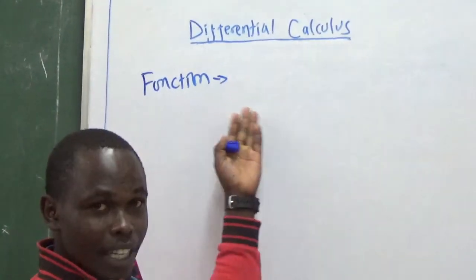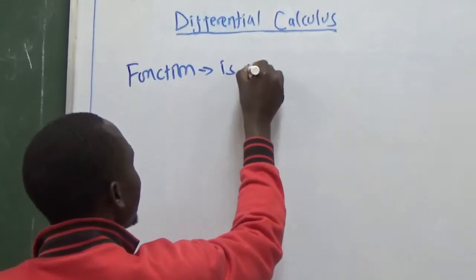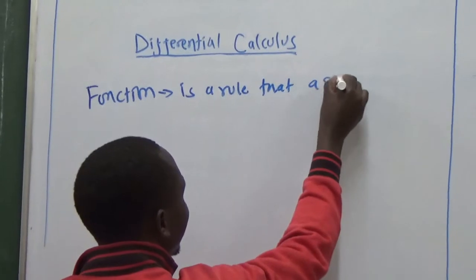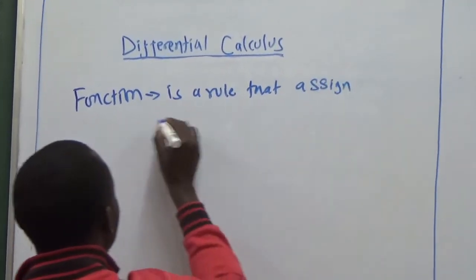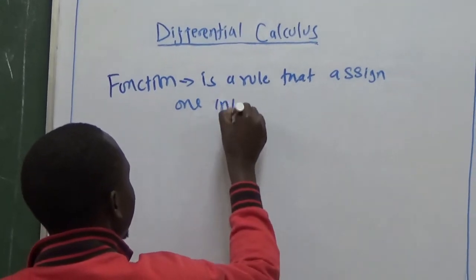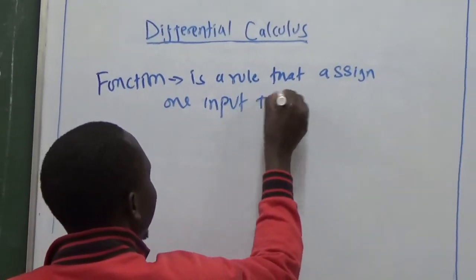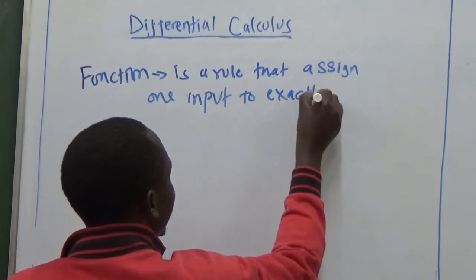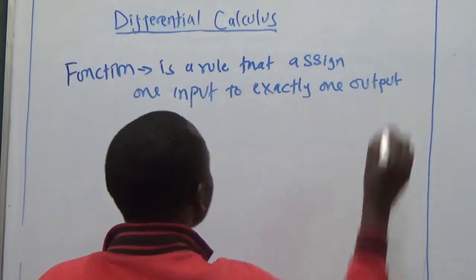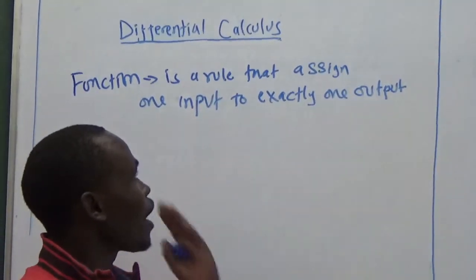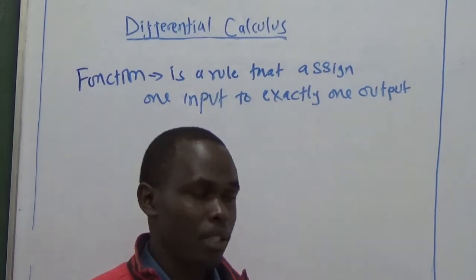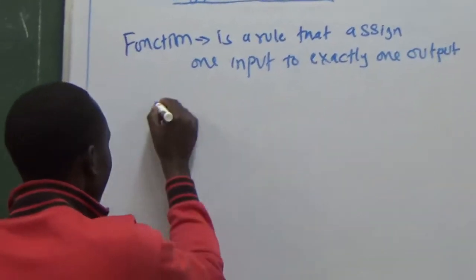A function is a rule that assigns one input to exactly one output. A function is just a rule that assigns one input to one output. Let me show by an example.